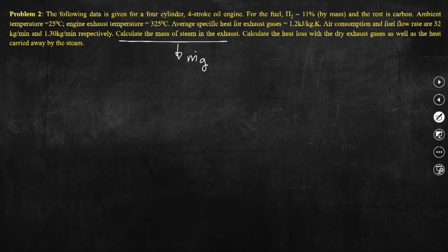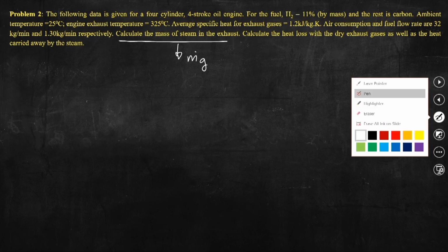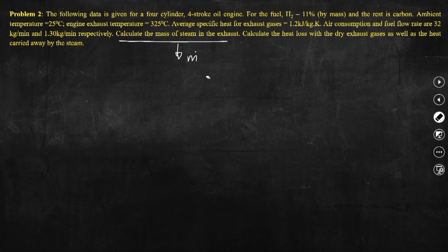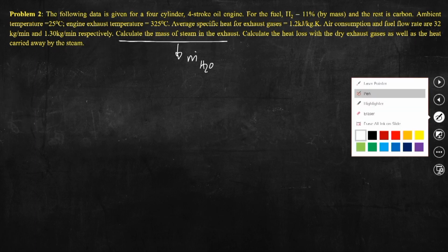Basically, it is not m dot g, rather m dot moisture, that is m dot H2O, because the moisture would be in the superheated state. Calculate the heat loss with the dry exhaust gases as well as the heat carried by the steam, because steam will carry a certain amount of heat. So, let us solve this problem and then you will understand.